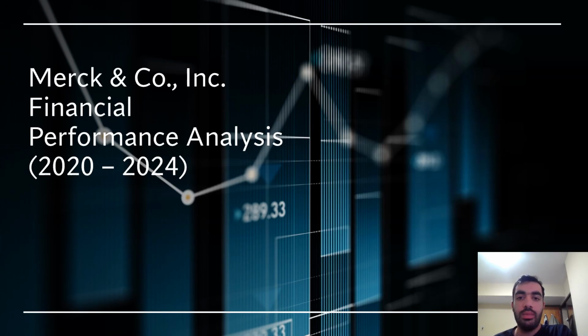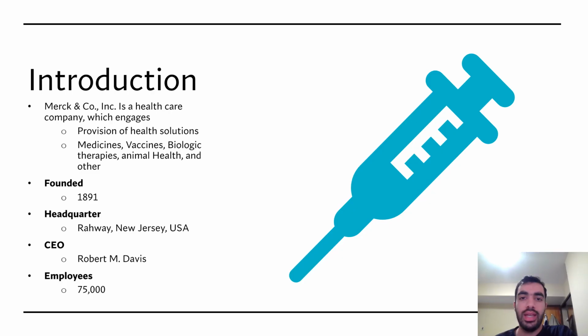So now I'm going to dive into the last company of the financial performance analysis, which is Merck. Merck is a healthcare company which engages in the provision of health solutions through its prescription medicines, vaccines, biologic therapies, animal health, and consumer care products.